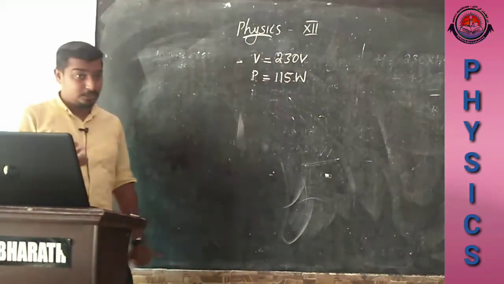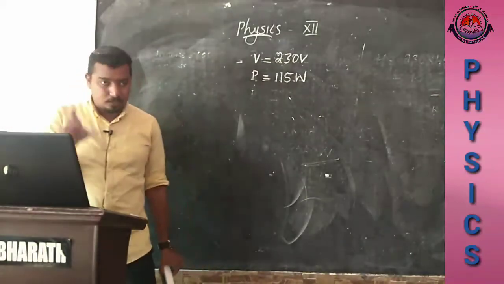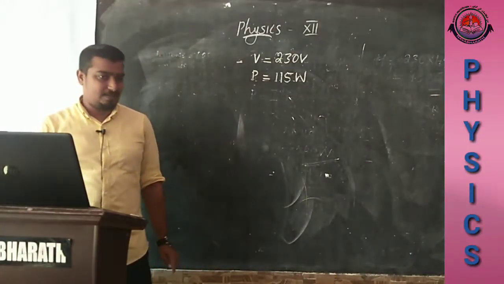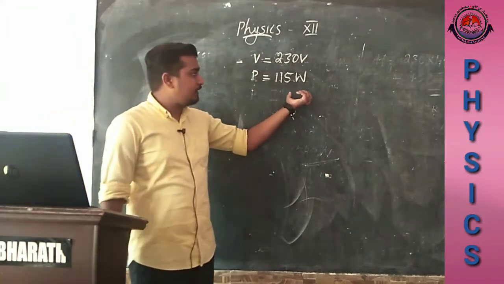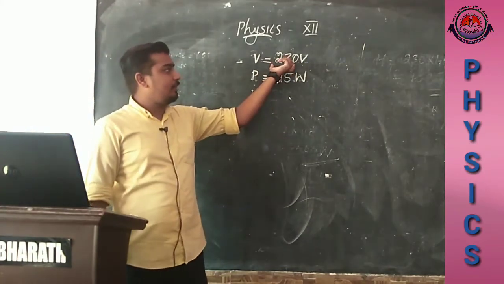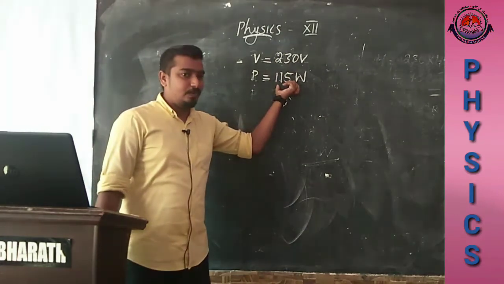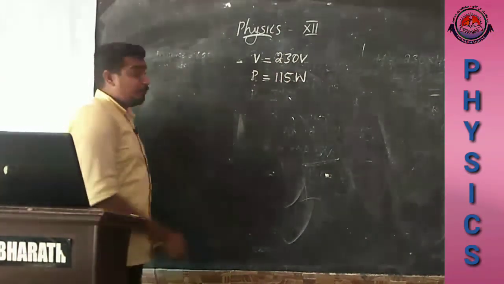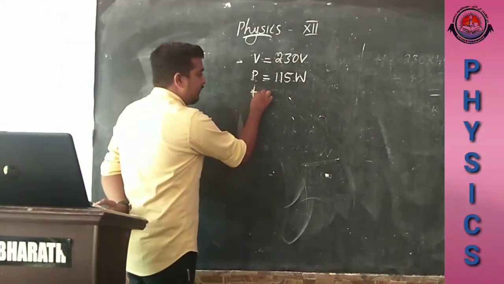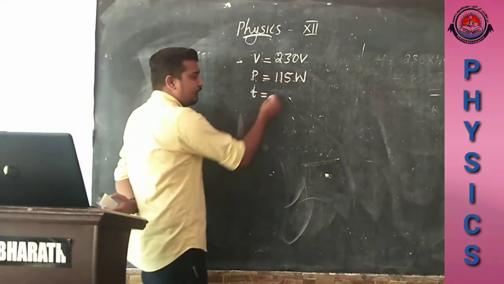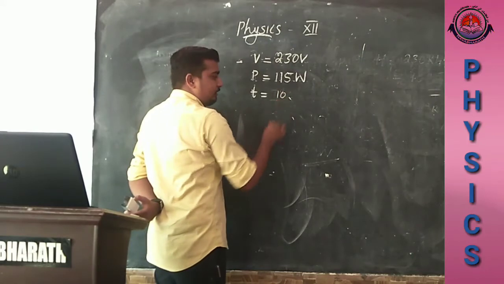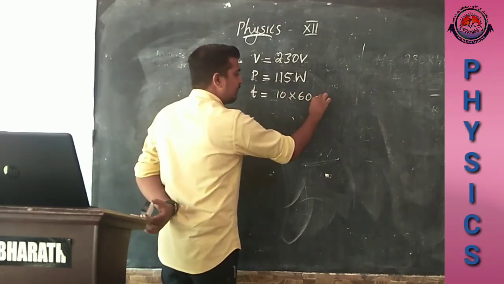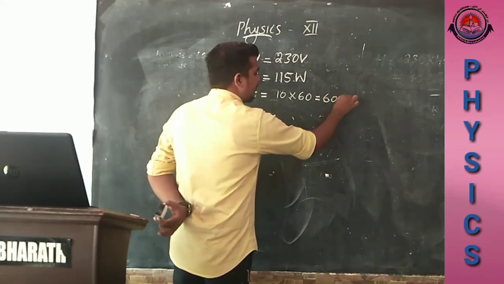In this question, a 230 volt filament lamp is working under 230 volt with power as given, in a circuit for 10 minutes. T equal to 10 minutes, that is 10 into 60, which is 600 seconds.